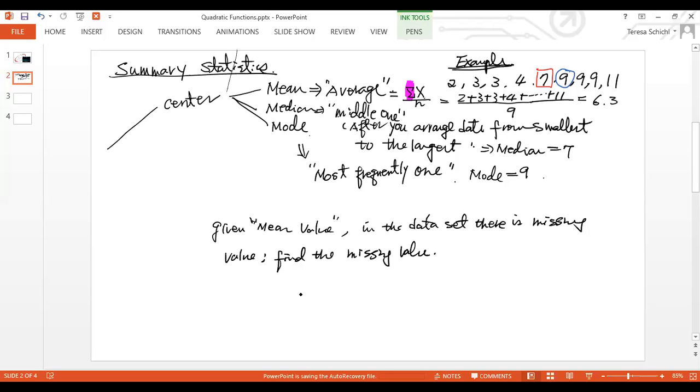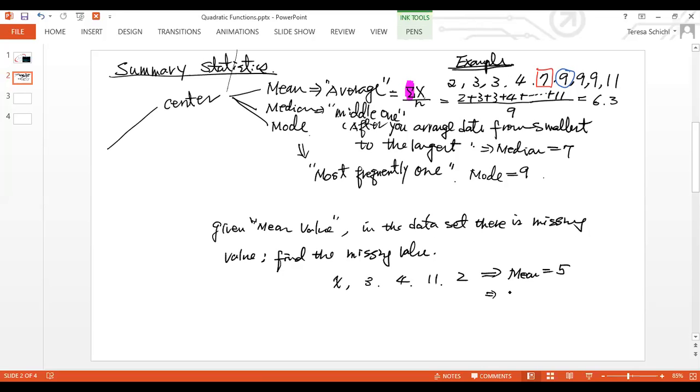For example, they give you 3, 4, 11, 2, and x, and they say the mean of this data set is equal to 5.